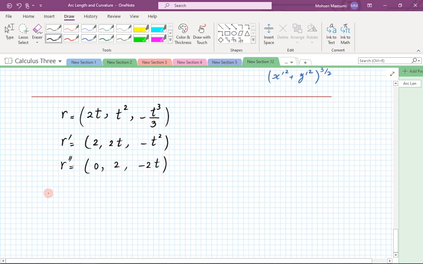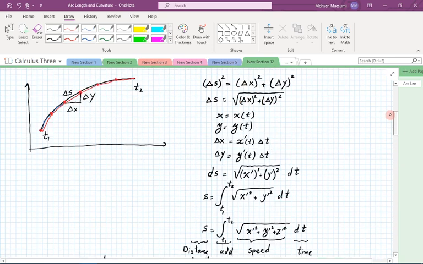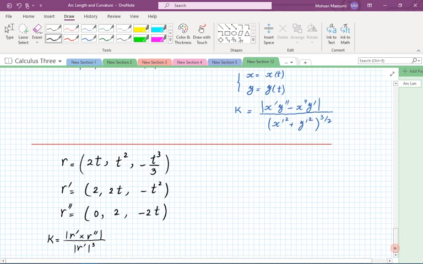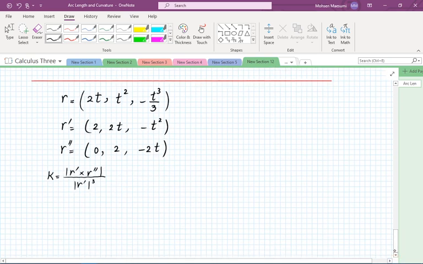Okay, so we say kappa is the magnitude of R prime cross R double prime over the magnitude of R prime cubed. So you notice that the concept is very intuitive. How tight is the turn? The formula, however, is not that straightforward.